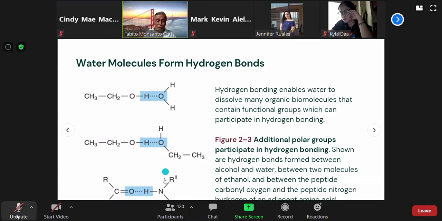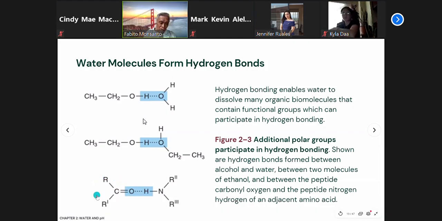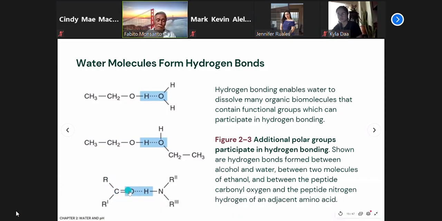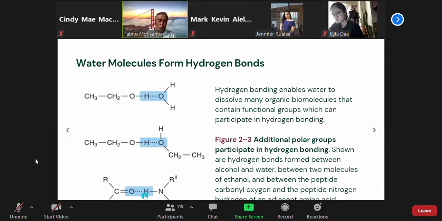And then we have here a nitrogenous compound with a hydrogen. And then we have here another with two radicals and an alkene. Oh, this is an alkene. You have a double bond. Okay. So still you can form hydrogen bonds. Oh.